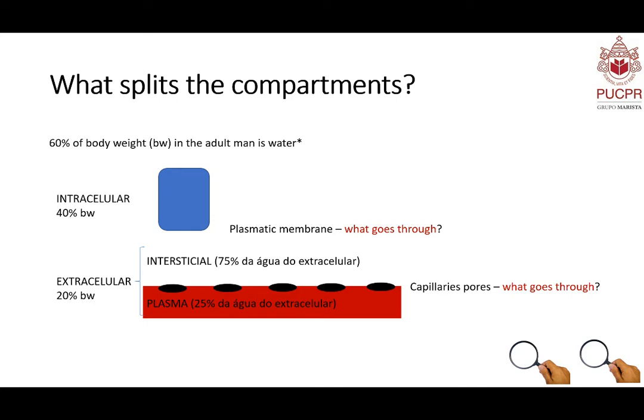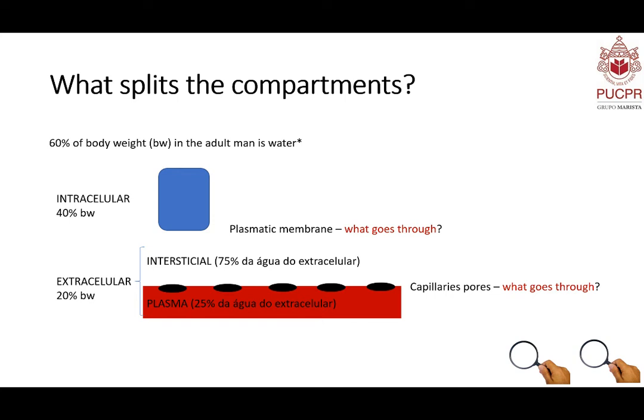Well, if we're thinking about very small molecules, then of course ions can pass through it, not only water, and also very small molecules of other stuff like CO2 and oxygen and urea, glucose, and this kind of stuff. Also, very small proteins can go through these pores, like cytokines and these kind of things.